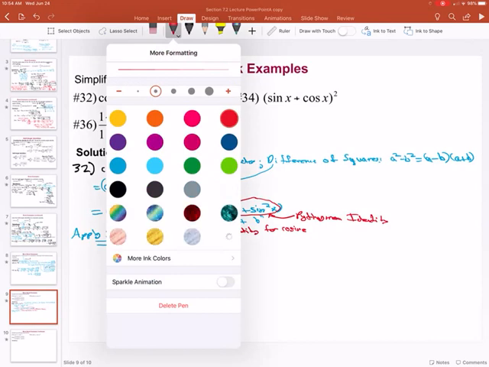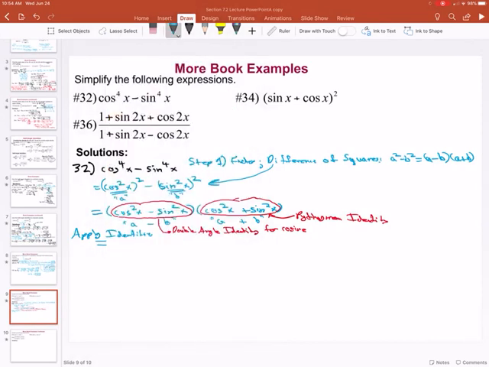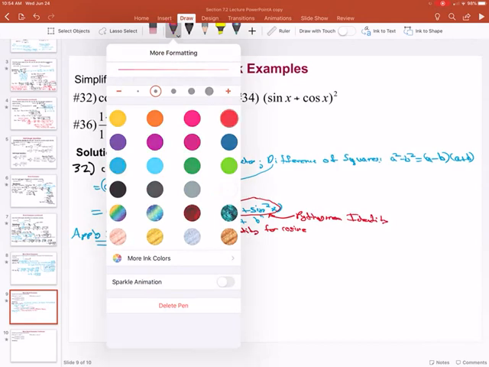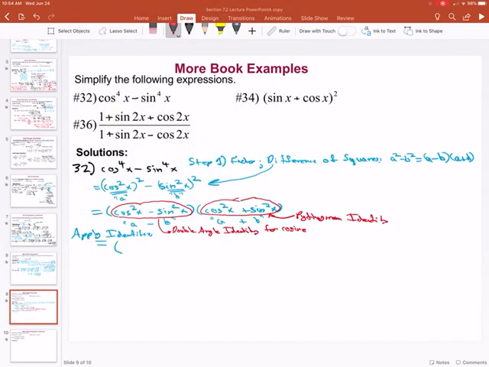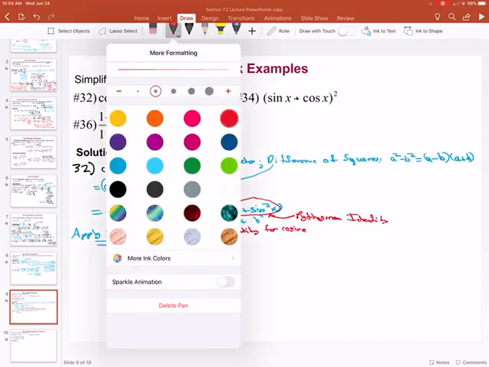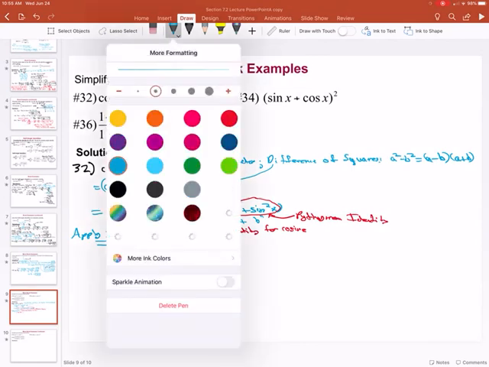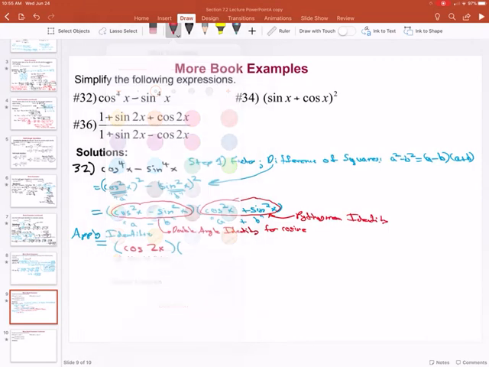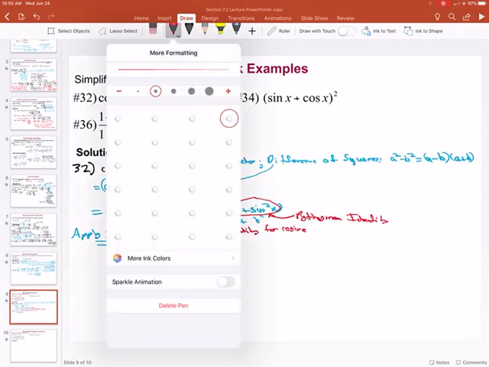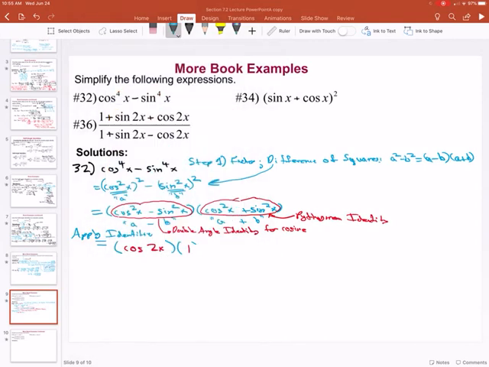Go ahead and put it back into color. This is equal to the cosine of 2x. Cosine of 2x is equal to cosine squared minus sine squared times 1. Pythagorean identity: sine squared plus cosine squared, or cosine squared plus sine squared, equals 1.